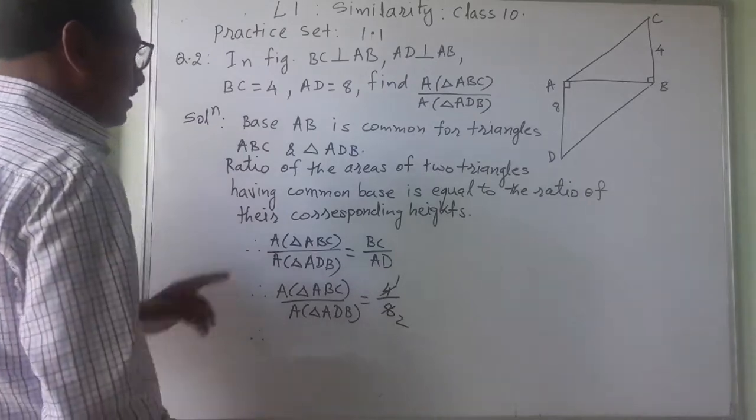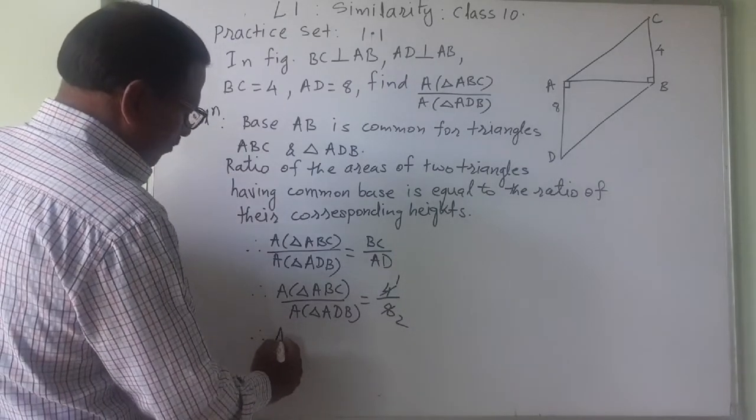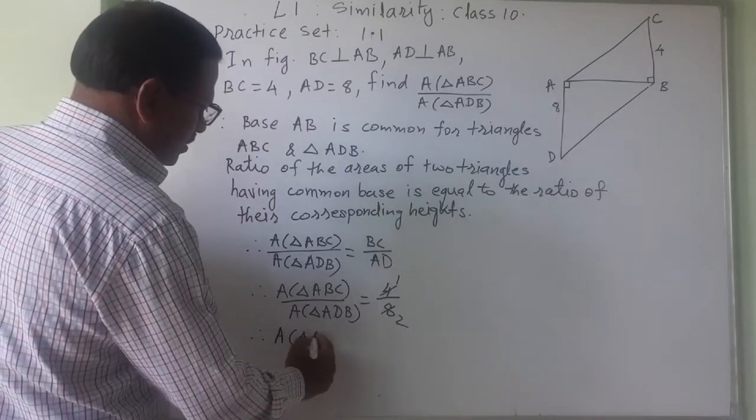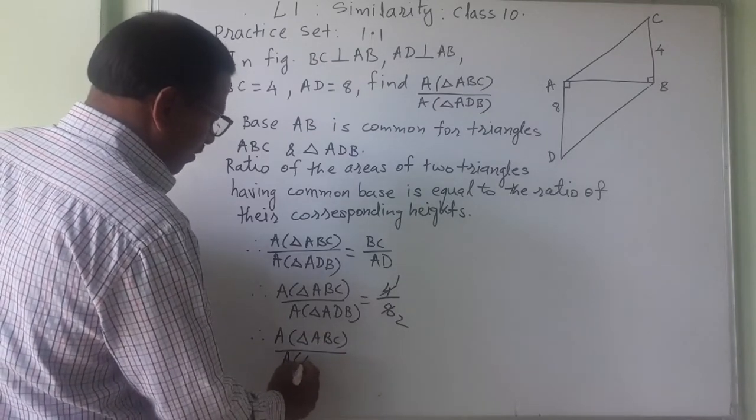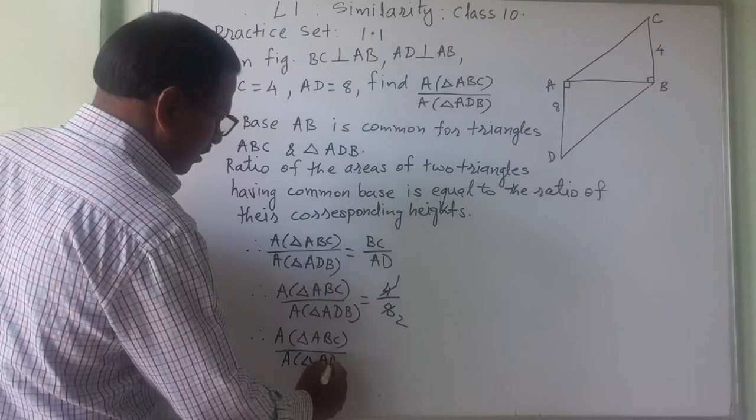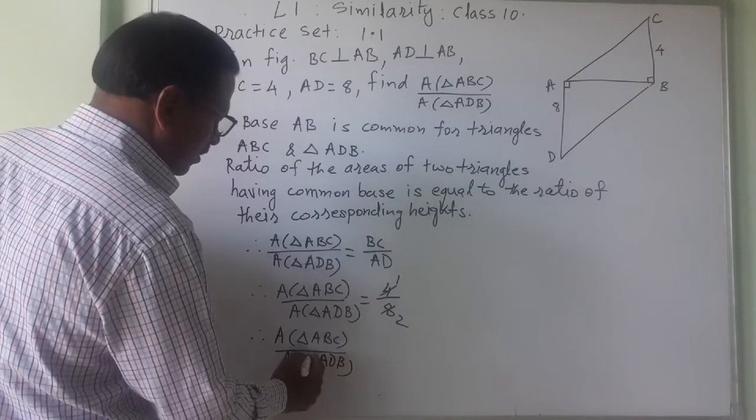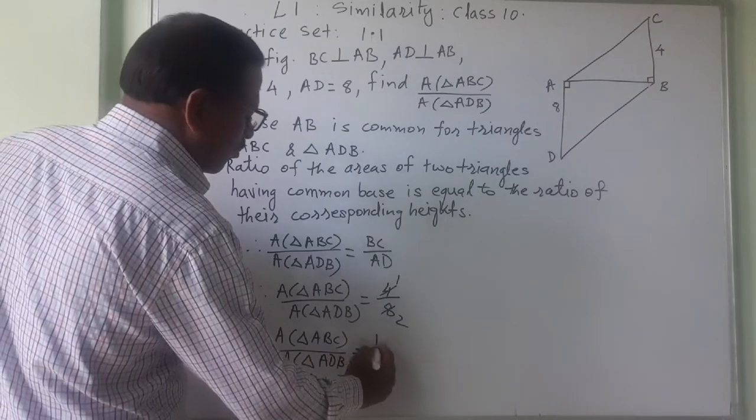Therefore, this value has come: area of triangle ABC upon area of triangle ADB is equal to 1 upon 2.